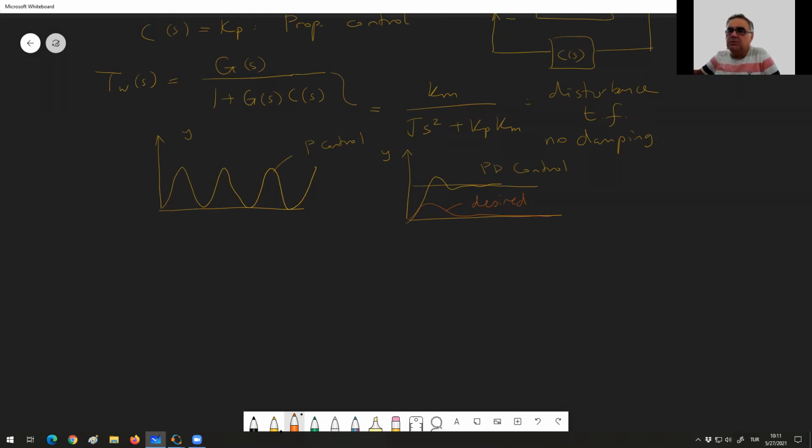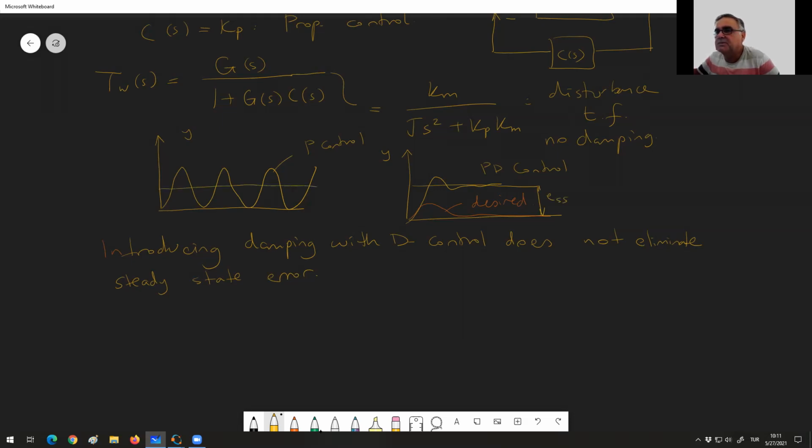So even if you're introducing damping, with PD control, with D control, let's say, it does not eliminate steady state error. All this is steady state error, as you know. Or the middle of this is the steady state error.